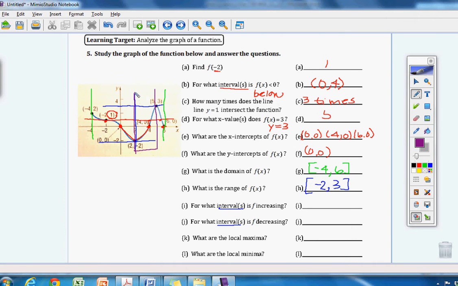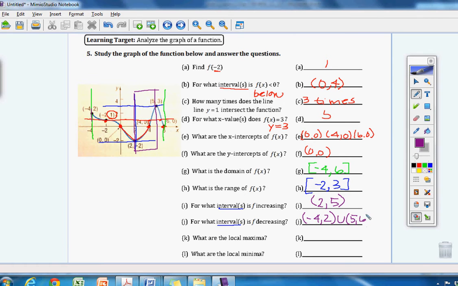This whole chunk is increasing from 2 to 5. And it's an interval, so it's always our parentheses. And I'm decreasing from negative 4 all the way down until I hit 2. So negative 4 to 2. And then at 5, I start to decrease till 6.